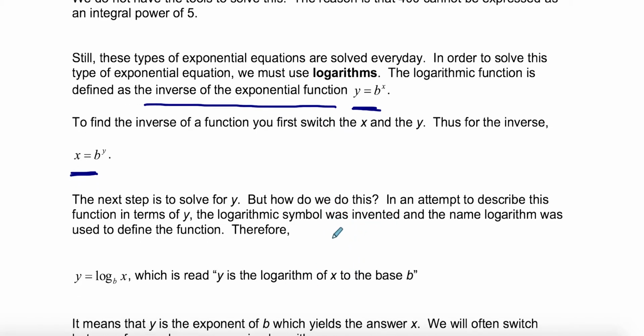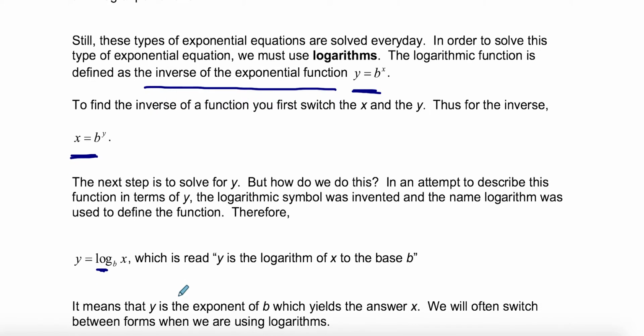In an attempt to describe this function in terms of y, the log symbol was invented. And it really is just log, and you'll see that button on your calculator most likely. A scientific calculator has a log button or a logarithmic button. So we have y equals log of x base b, and that would equal y.